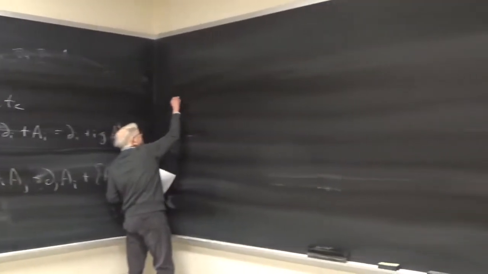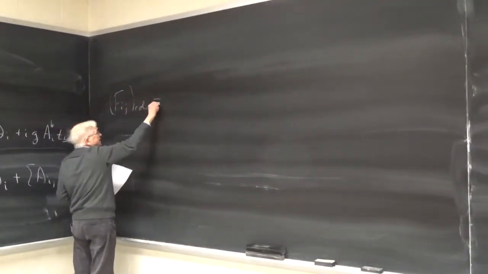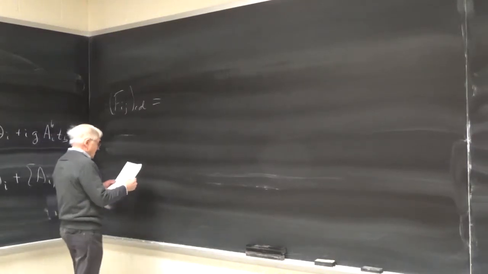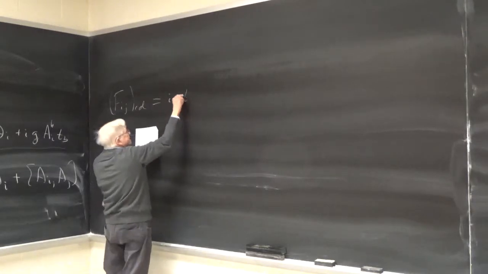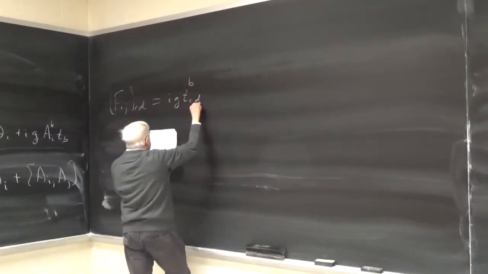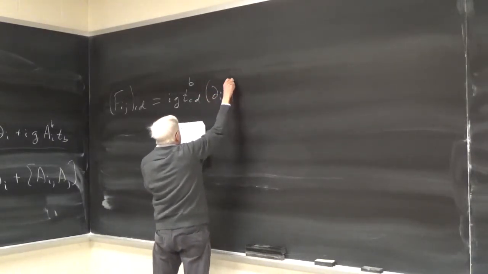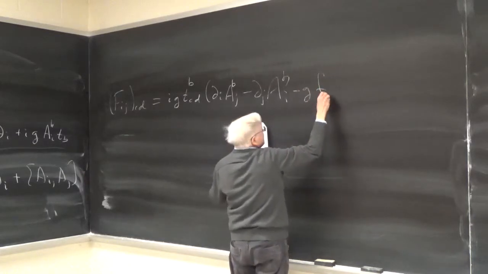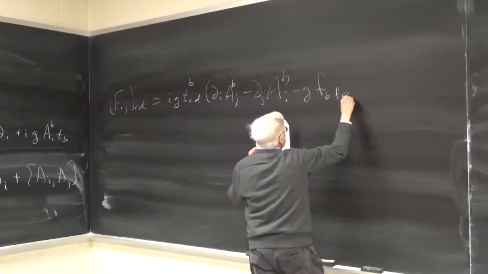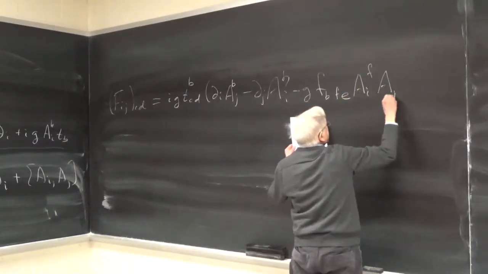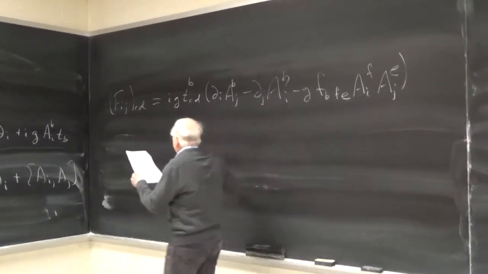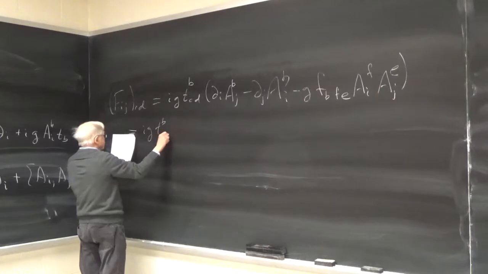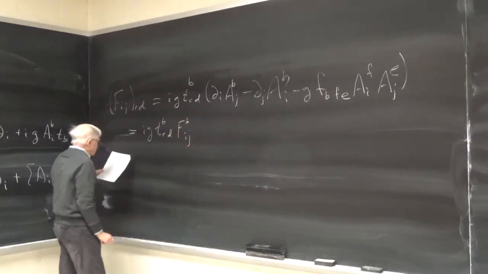And in particular, if you write down what these elements are, then this is equal to i g T^B C^{BCD} times D_i A_j^B minus D_j A_i^B minus g f^{BFE} A_i^F A_j^E, which we can write as i g T^B C^{BCD} F^B_{ij}. I was running out of letters.